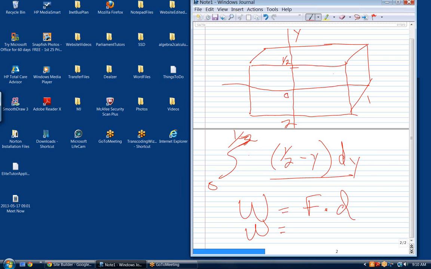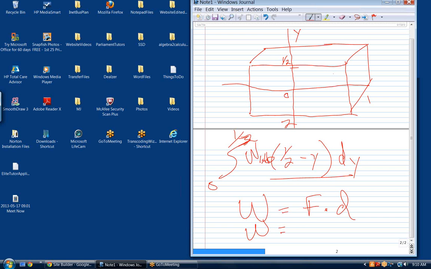And the force is just a constant force, whatever the weight of one slab is, that's the force. And let's see, if I remember right, the weight of one slab is 2 times 1 times 1,000.